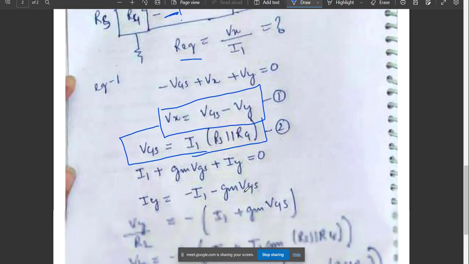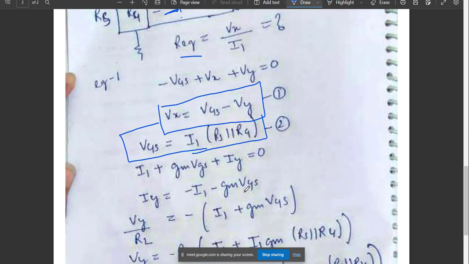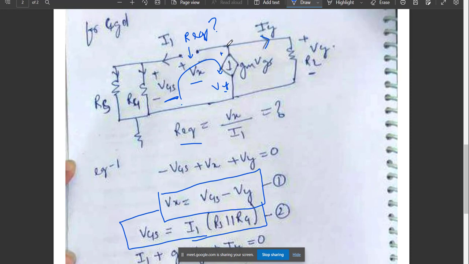Now let's put KCL at this node. So KCL will be plus I1 plus GMVGS plus IY is equals to 0. Since all of these are going away from the node, you can assume the current's polarity as you want.